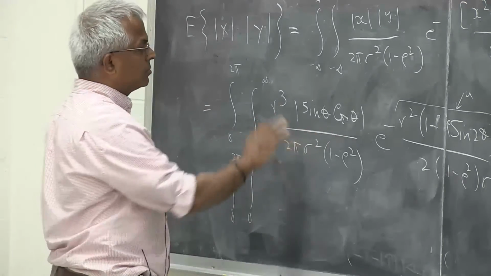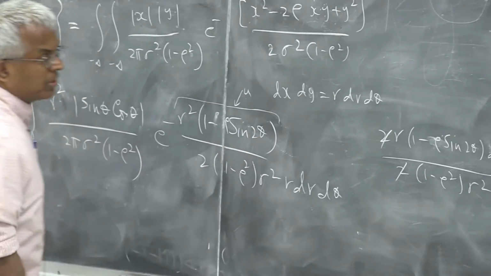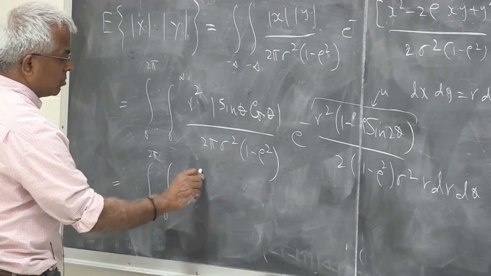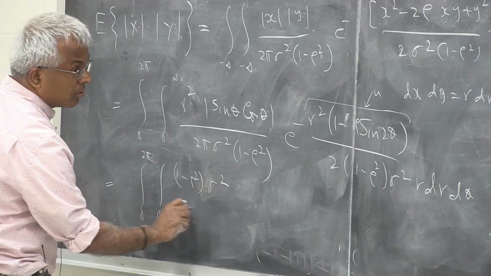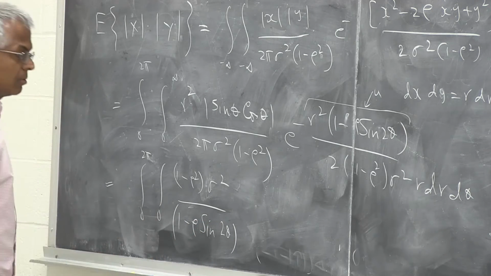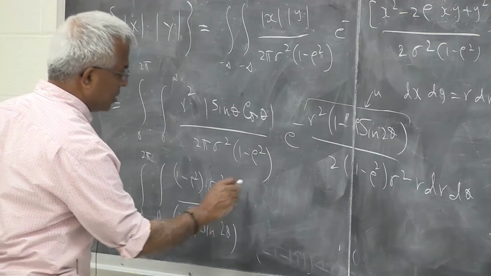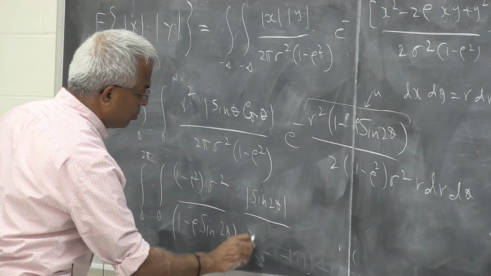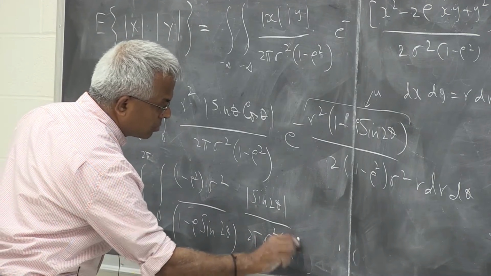So r dr, so I'm going to write this as r squared times r dr. So r dr becomes part of du. So you have 1 minus rho squared multiplied by sigma squared over 1 minus rho sine 2 theta. Then you have a sine 2 theta here divided by 2 pi sigma squared 1 minus rho squared.